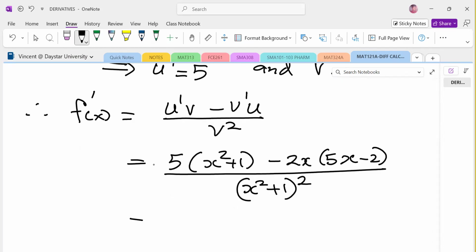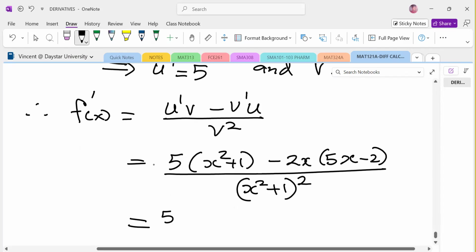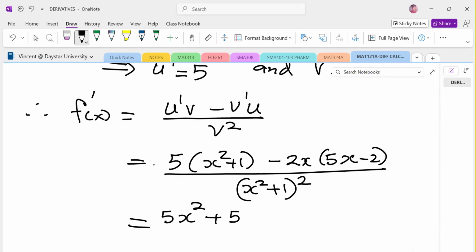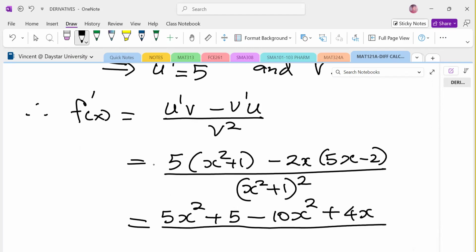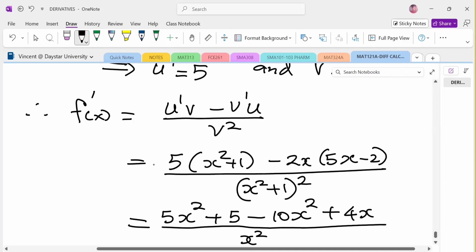So let's simplify the numerator. 5 times x squared is 5x squared. 5 times 1 is 5. Minus 2x times 5x is minus 10x squared. Minus 2x times minus 2 is plus 4x. The denominator, you don't have to open it. Just leave it the way it is, x squared plus 1 squared.